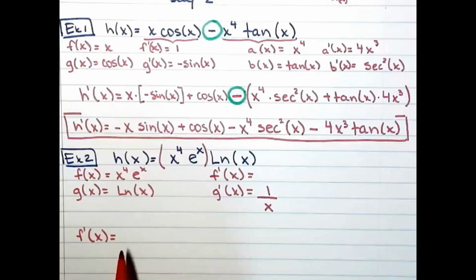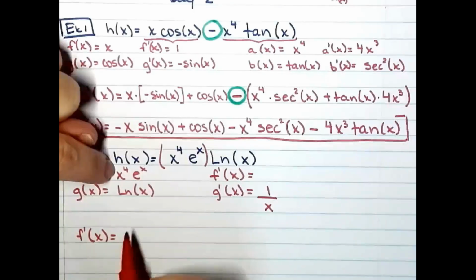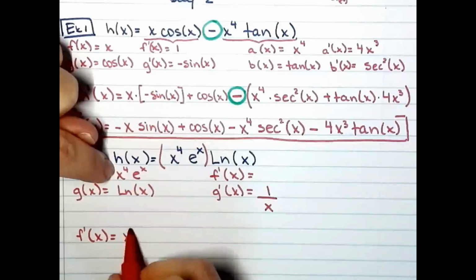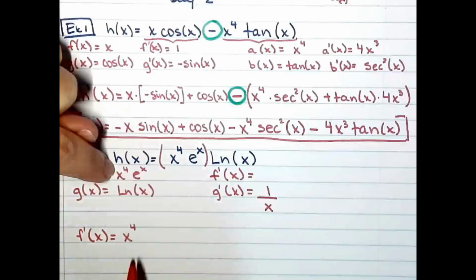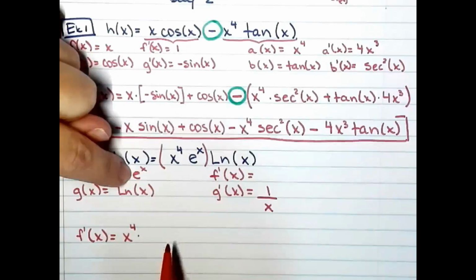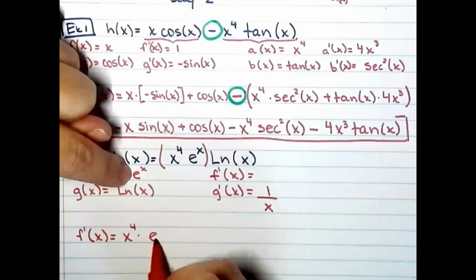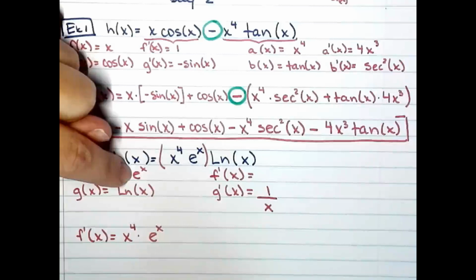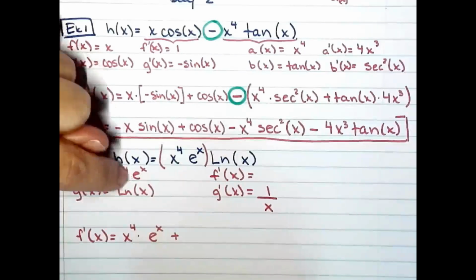So I'm going to do f prime right here off to the side. So I have f is x to the 4th power times g prime. This is g, and the derivative of e to the x power is just e to the x power. Plus g.